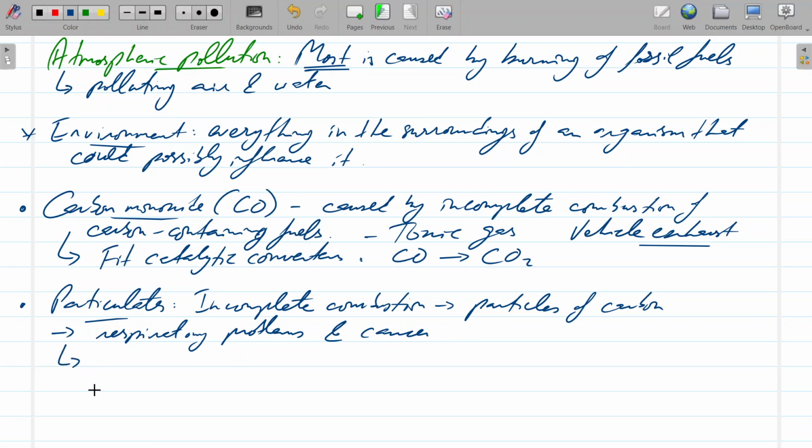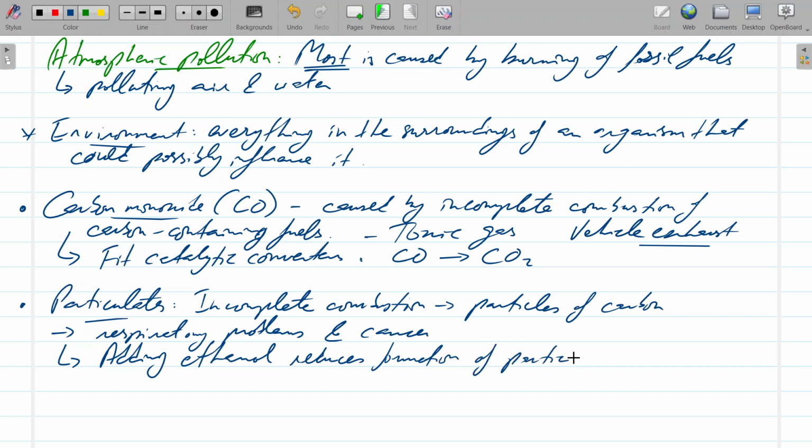And how you could solve that problem is by adding substances such as ethanol to reduce how much of these are produced. So this would reduce the formation of these particulates.